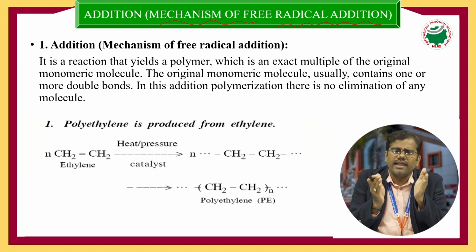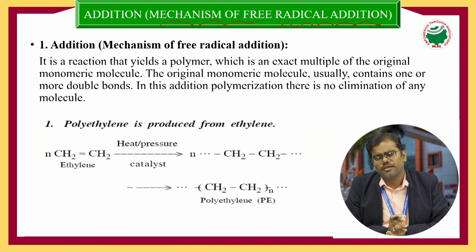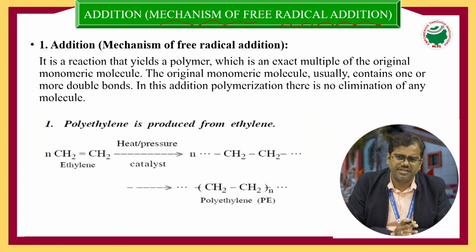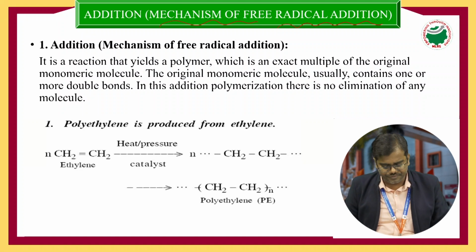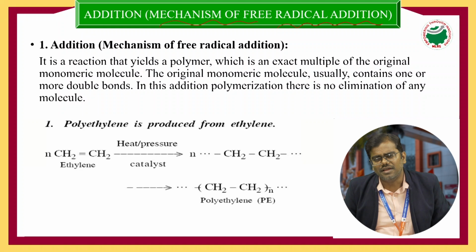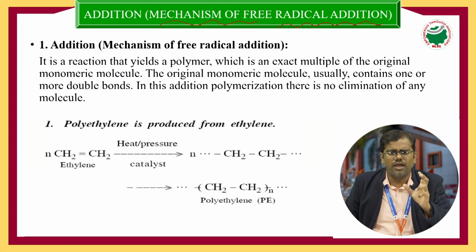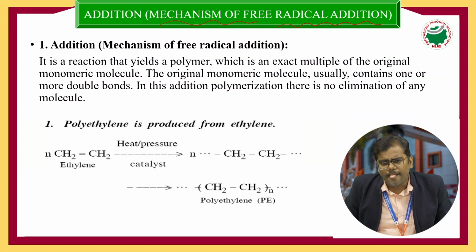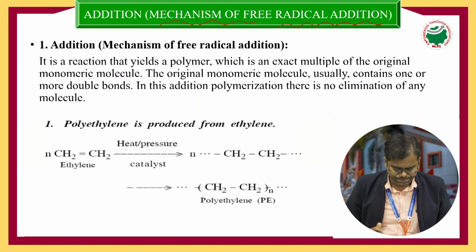So in order to understand the step-by-step process of polymerization, you need to know the mechanism. The mechanism is nothing but the step-by-step process of polymerization. If you know the mechanism, you can get complete information about how the process goes on and how the polymer is formed.